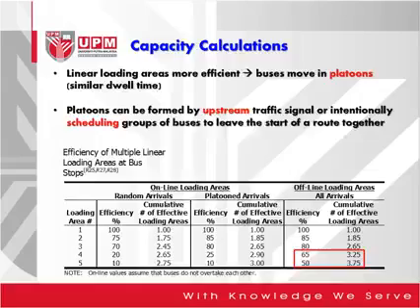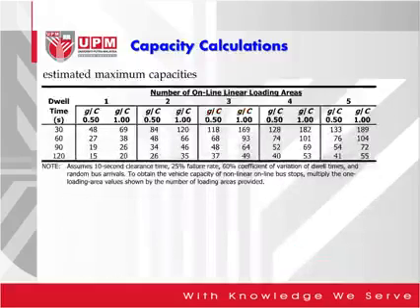And this table shows the capacity of a bus stop with different values of dwell time, number of loading areas, and GC values. So we can see that when the dwell time increases, the capacity drops from 48 to 15.